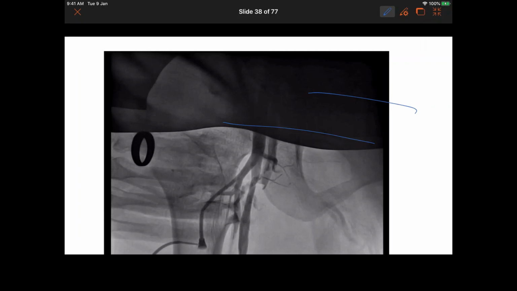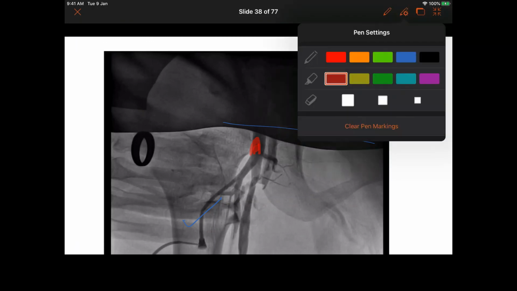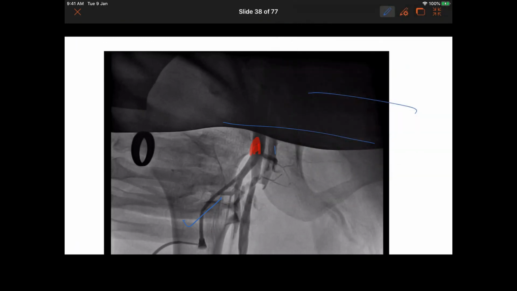You can see my hand compressing that area and we took a shot from the arterial access. What you can see is an artery and a vein, and the dye injected in the artery is filling up the vein, and this is the area of communication.